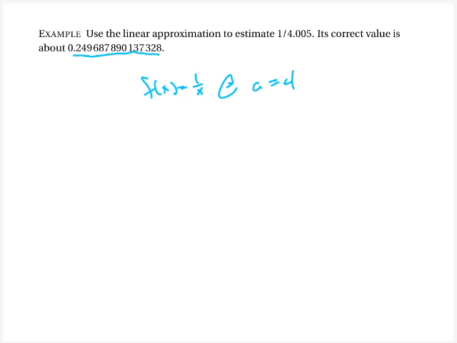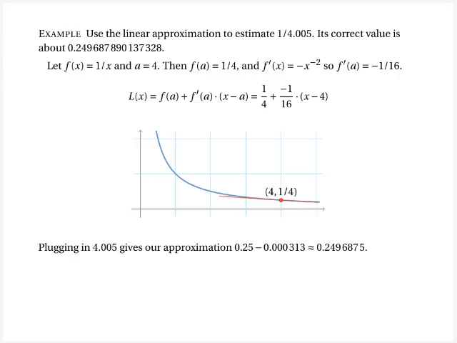So that's exactly what I have in mind. I took f of x to be 1 over x and a equals 4, and I plugged into the formula. There's the formula right there, copied over from the prior slide. So I got f of 4, and then f prime of 4, and x minus 4. And when you plug in 4.005 into that formula, you get an approximation that I copied out to 7 decimal places.